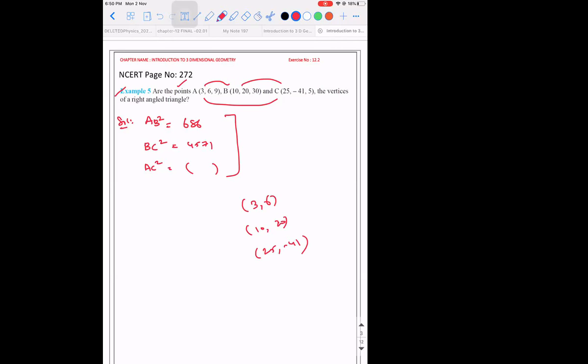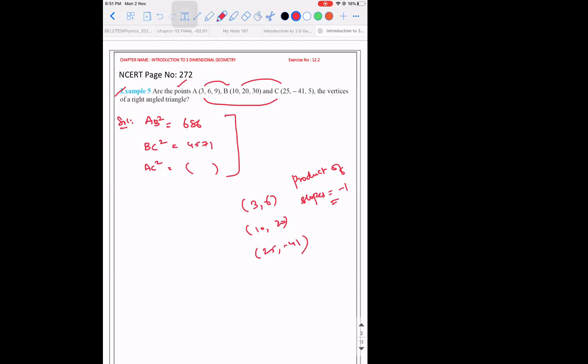What will you do? Right angle, 90 degrees, what comes to your mind? Product of slopes is minus 1. You remember this?